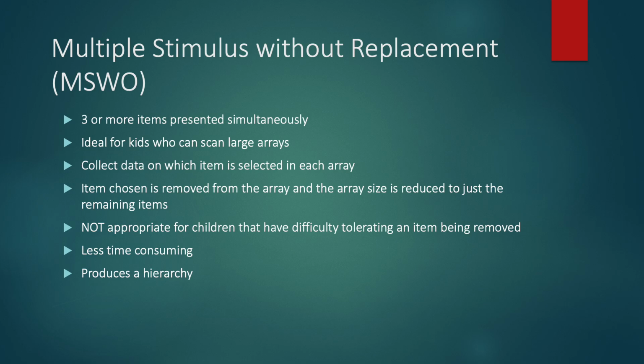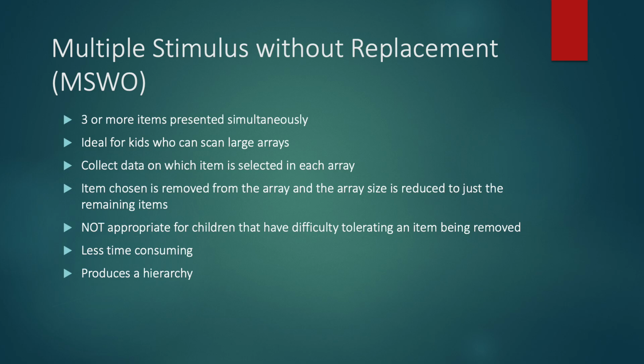Every single time, the size of the array is reduced to just the items that are remaining. This type of preference assessment is great for clients that can tolerate items being removed. But if you have clients that have a very difficult time tolerating items being removed from the array, then you definitely do not want to conduct this assessment.